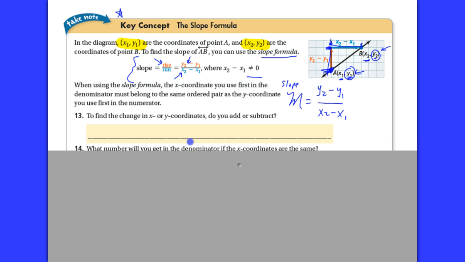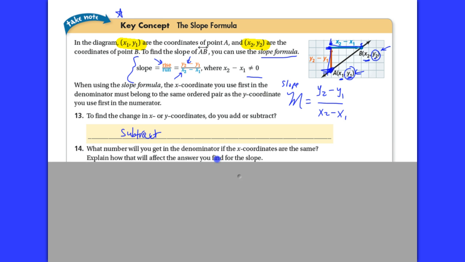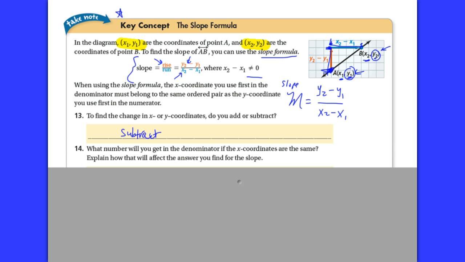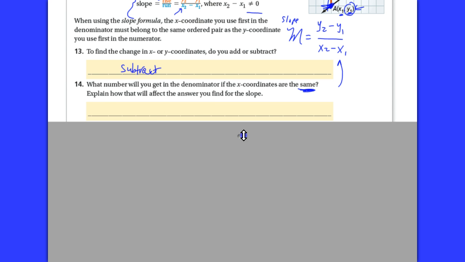Number 13 says, to find the change in the x and y coordinates, do you add or subtract? You subtract, that's what the change is. What number will you get in the denominator if the x coordinates are the same? So they're saying if you have x sub 2 minus x sub 1 and they're the same numbers, what value would you have if you subtract the same number? You have 0.